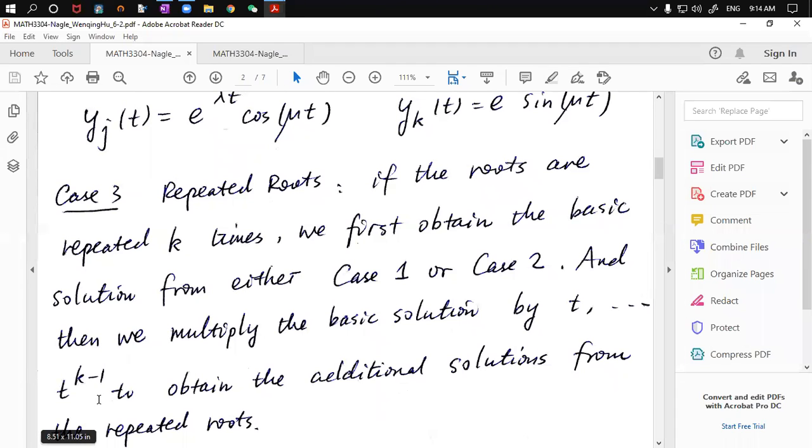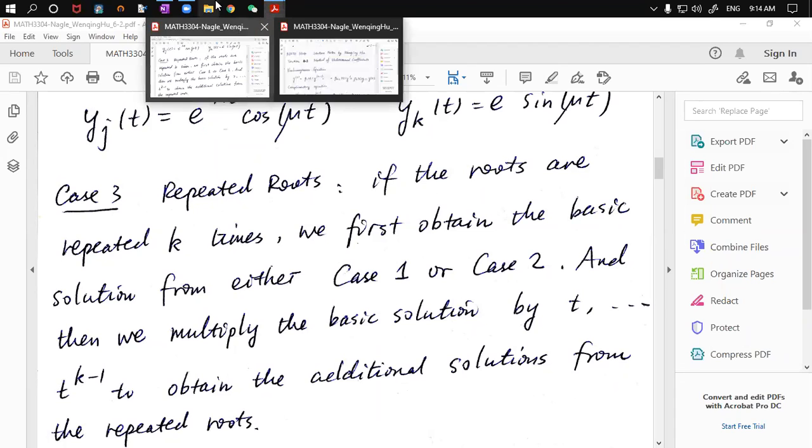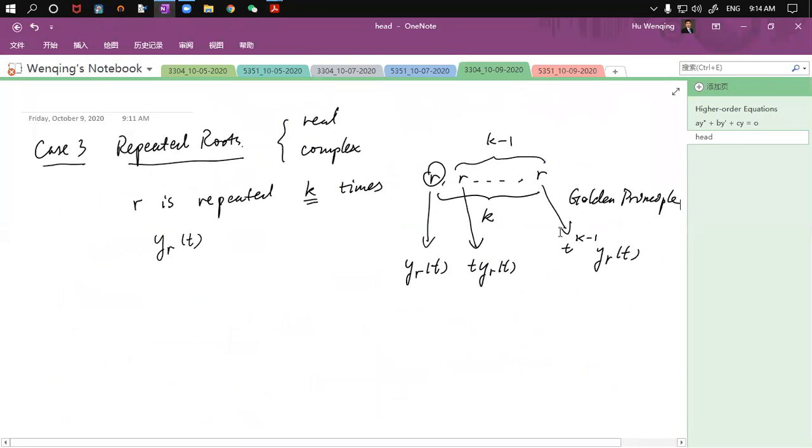Do not hesitate to multiply by t's, and you can actually multiply a lot of them until you have a satisfactory number of solutions. If the root is repeated k times, you keep multiplying by t until you get k such fundamental solutions. Is that good, family?